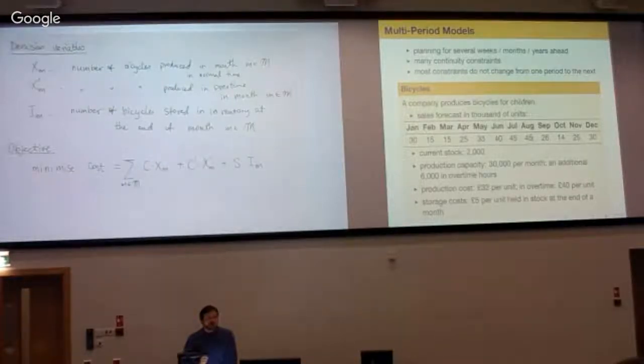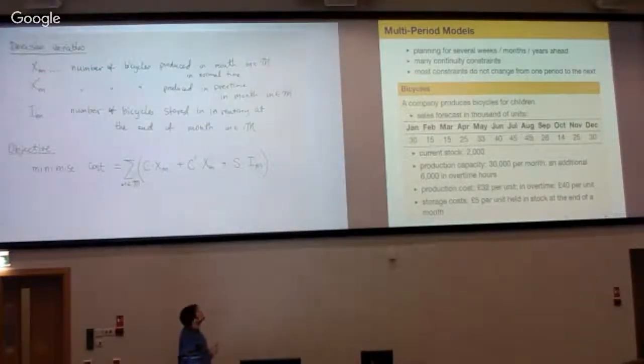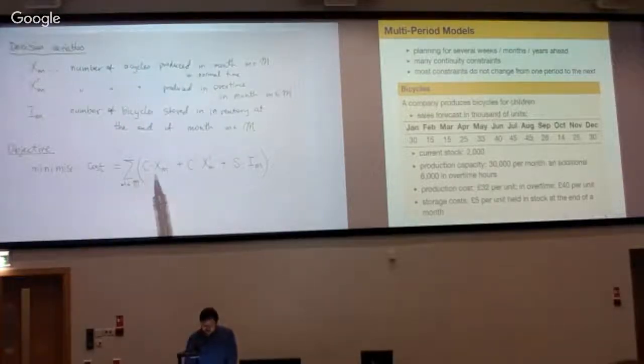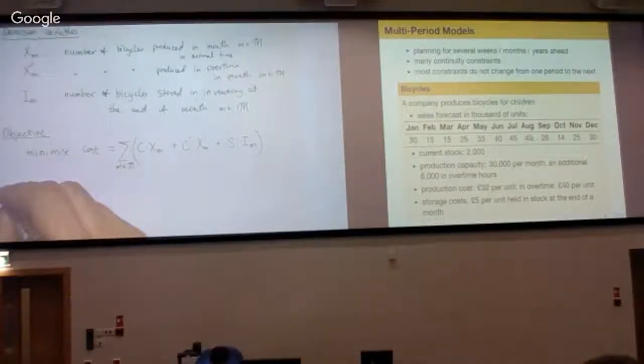Could do. But I'm too lazy, so I'm just going to put that into brackets, that does the same trick. So without the brackets, the sum only applies to the first term over here. So you need the brackets to make it work. Okay, that's the objective. Now the constraint.